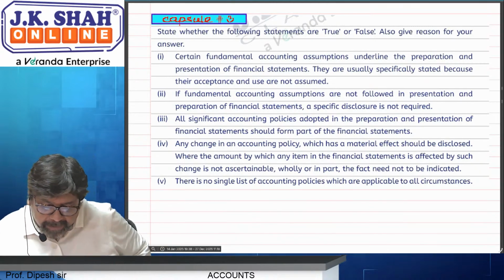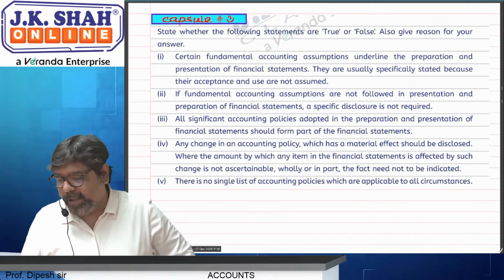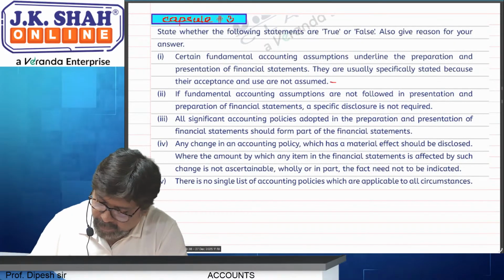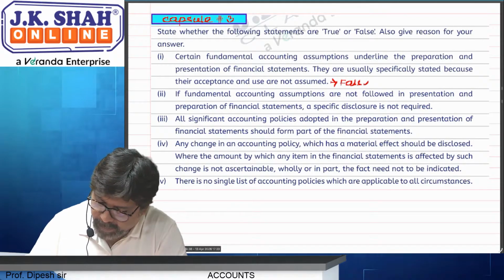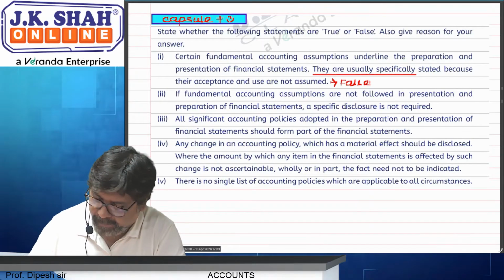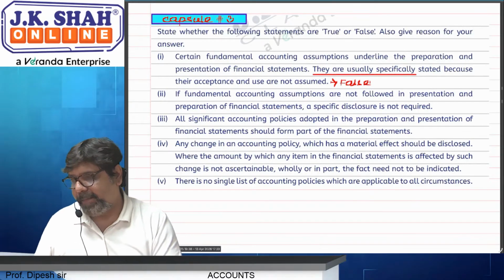They are usually specifically stated because their acceptance and use are not assumed. True or false? False. Why? They are not specifically stated. Reason में लिखो, they are not specifically stated.